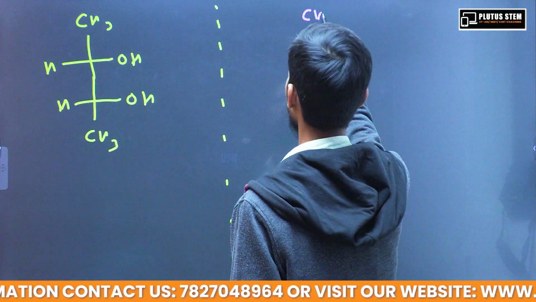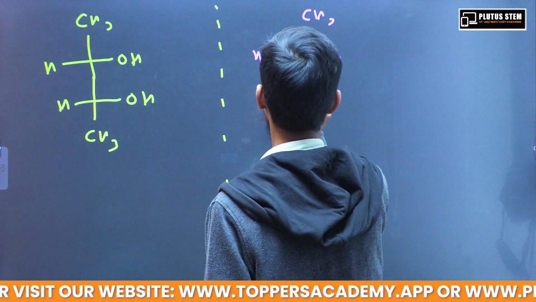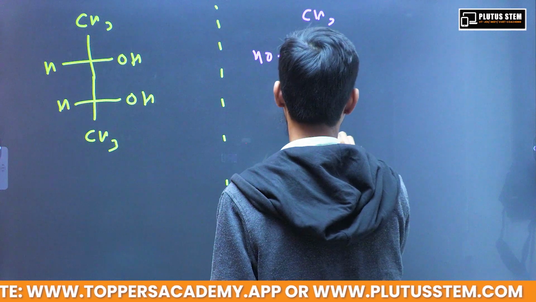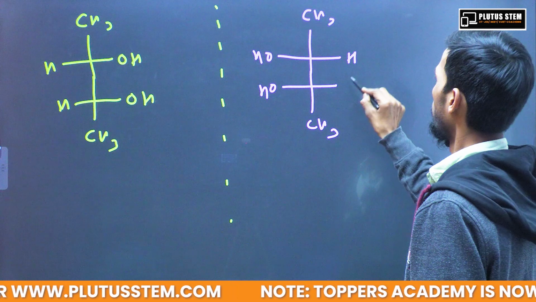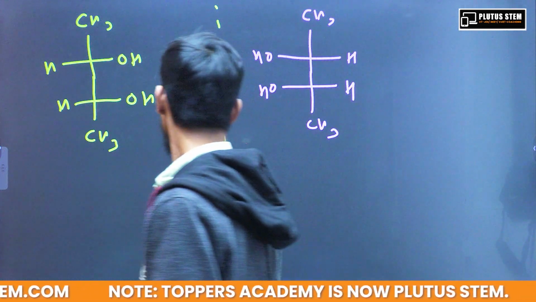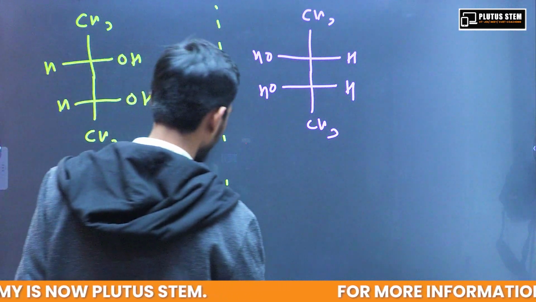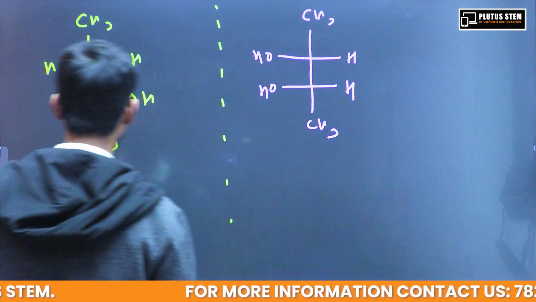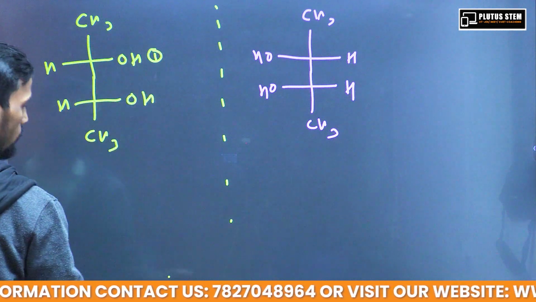Over here CH3, H and H like this. If we are having a compound like this, so what will happen over here?